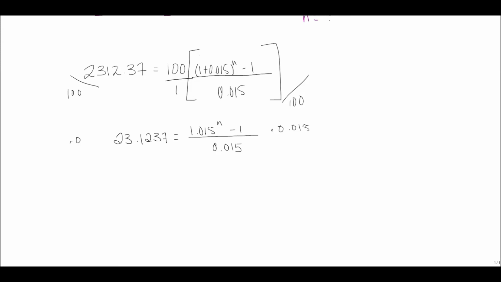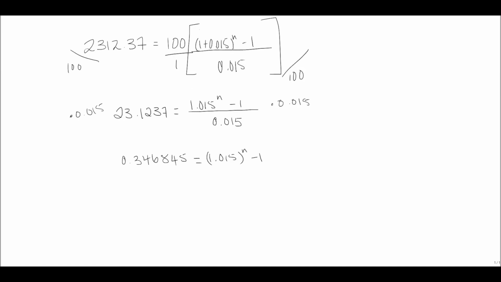So we multiply each side by our interest rate, and that leaves us with 0.346845 on this side. On the right side, we still have our exponent, which is unknown, but nonetheless, safety brackets are always good, and it's still minus 1.